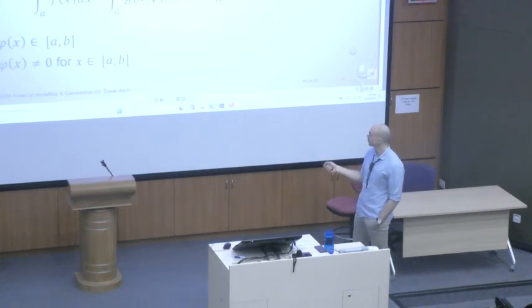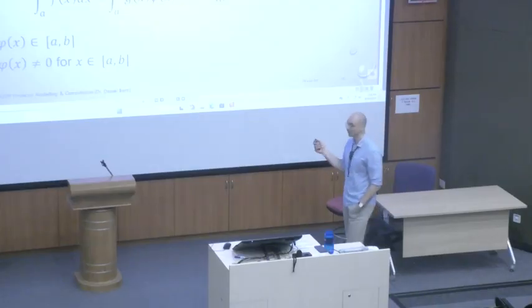Then I can simply rewrite the integral as an expectation. And it's always possible. You can always choose, for instance, phi of x to be just 1 over b minus a on this interval a and b.